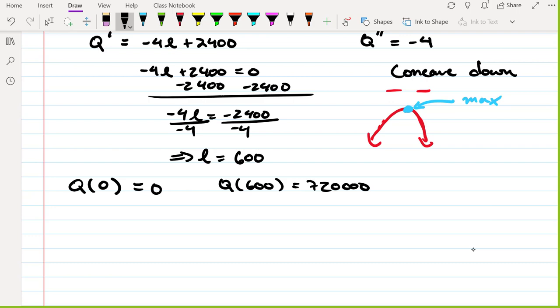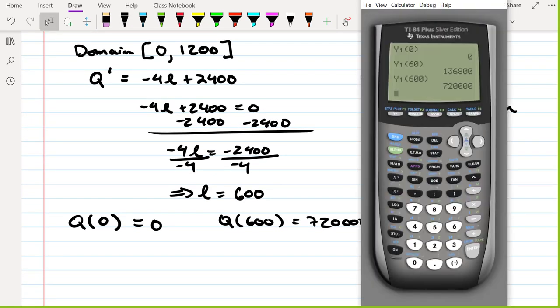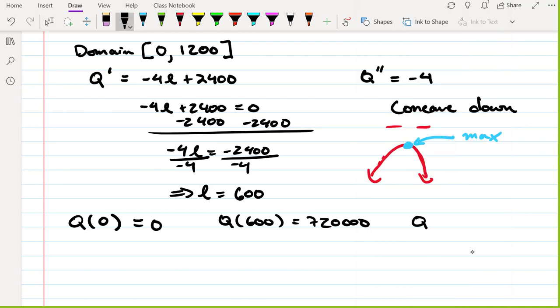And then lastly, if we plug in 1200, we're going to get 0 once again. So it appears that at 0 and 1200 we got the absolute minimum, which is 0 area, and the maximum occurred at 600, which gave us 720,000 square feet.